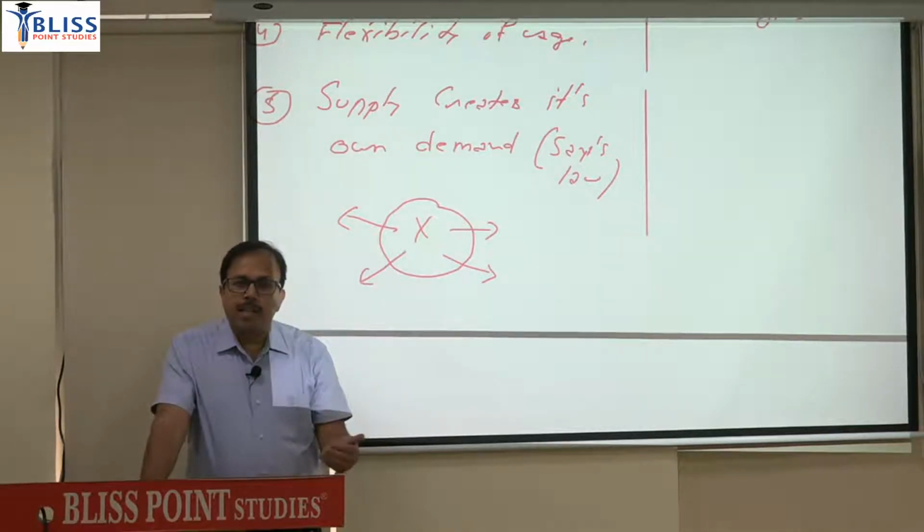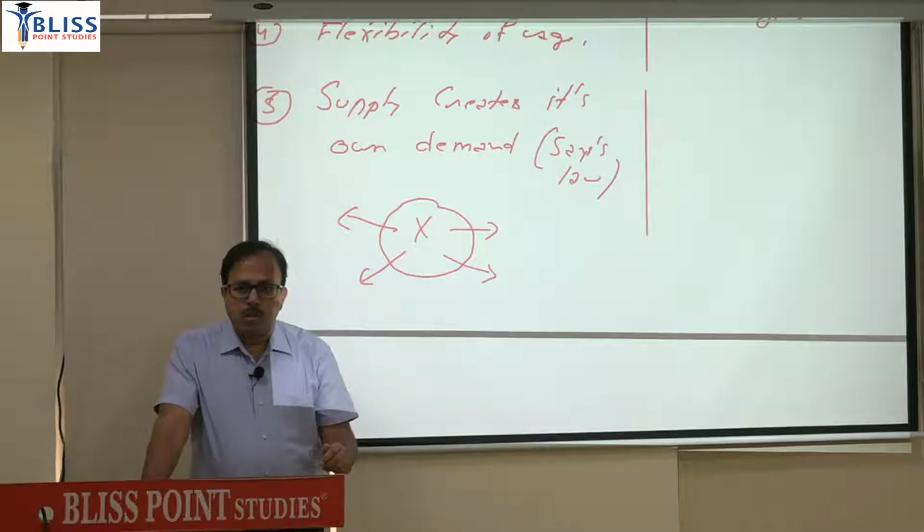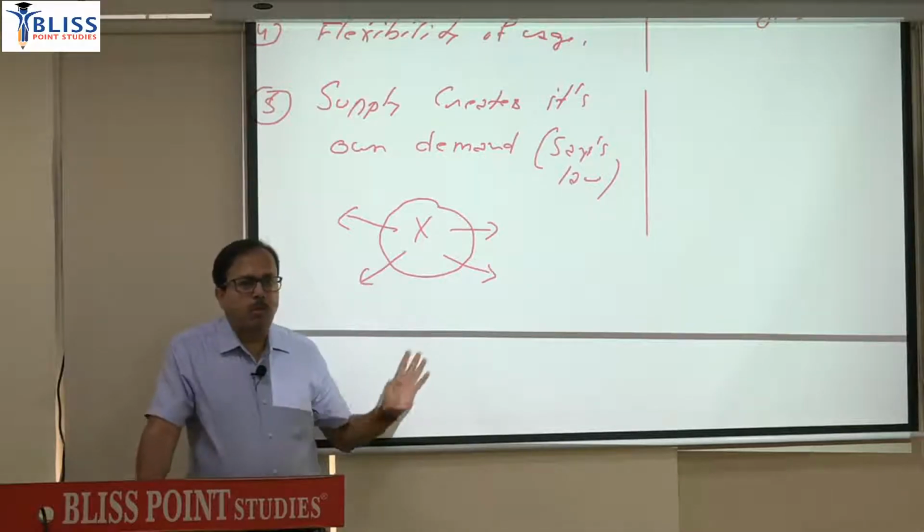Classicals believe that the entire money will be spent. Money is used only for transaction purposes. Money has only one role to play, that is to act as a medium of exchange. So the income generated will be spent on the product that has been produced.